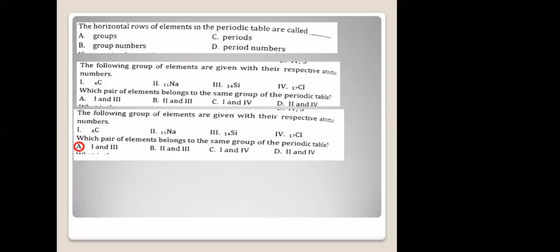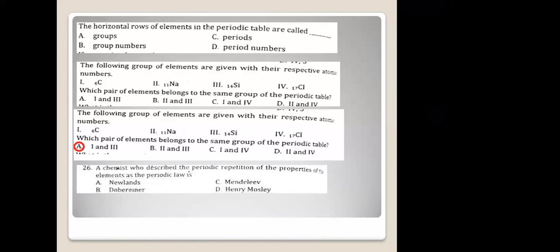Sodium belongs to which family? Alkali metals. Hydrogen has a very special place in the periodic table. Chlorine belongs to halogens.